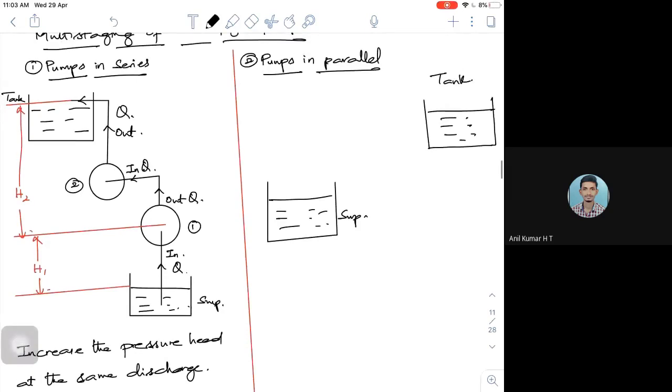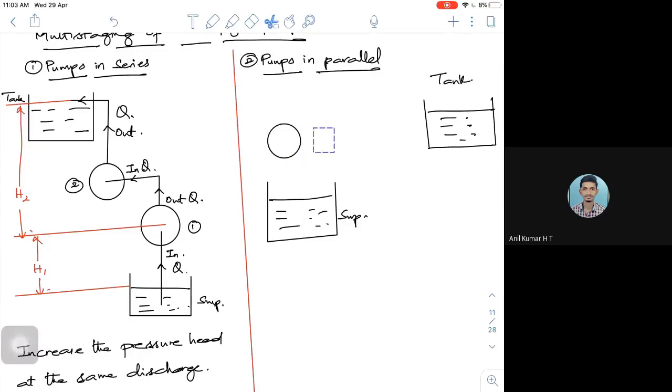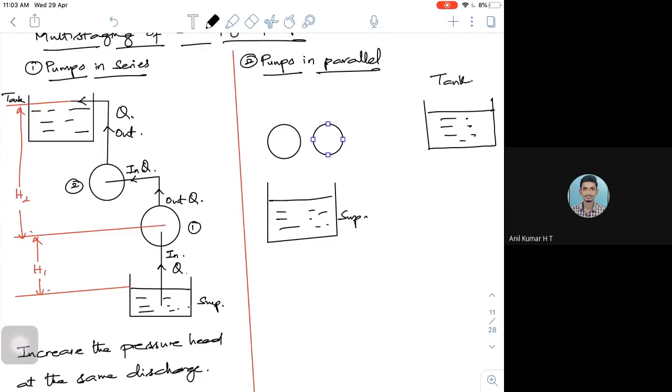In that case, I will take two pumps like this, of similar capacity or whatever it may be. This is 1, this is 2, both are connected to the same sump like this.